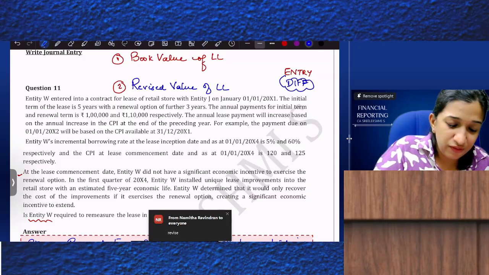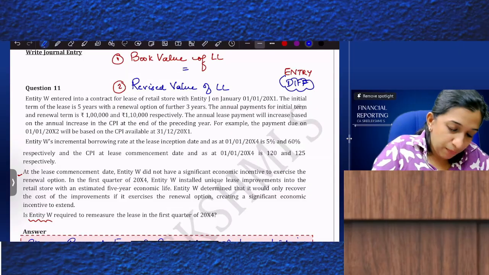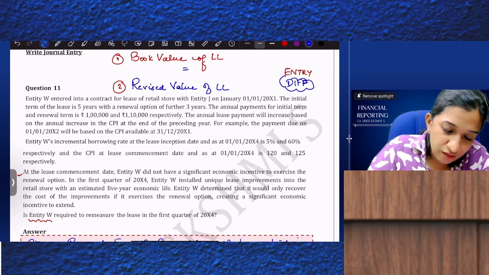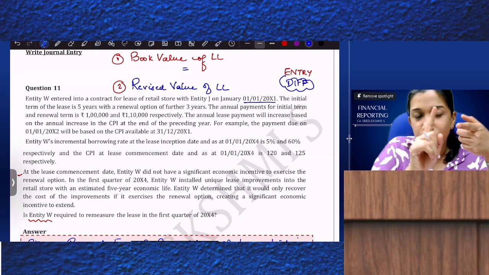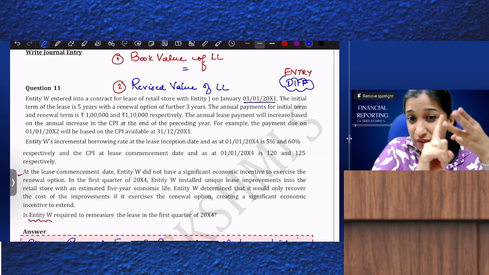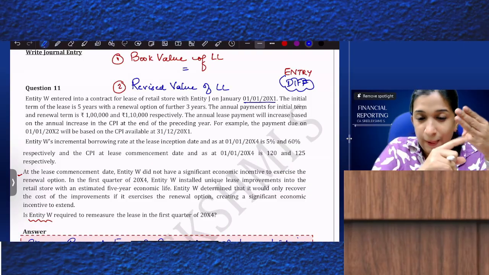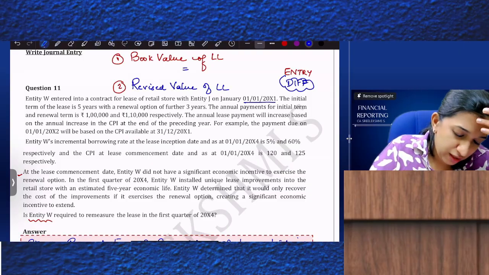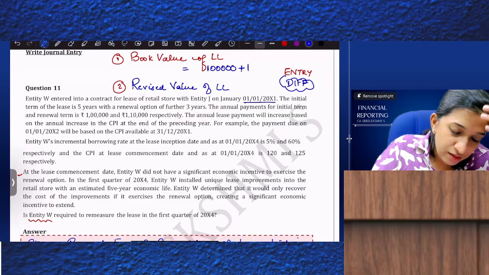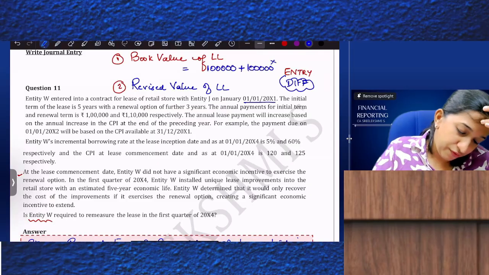What is the book value of lease liability then? We started on 1st January 2011. So 1st January 2011, 12, 13: 3 years already paid. So 2 more years. One is due now and one is due after 1 year.